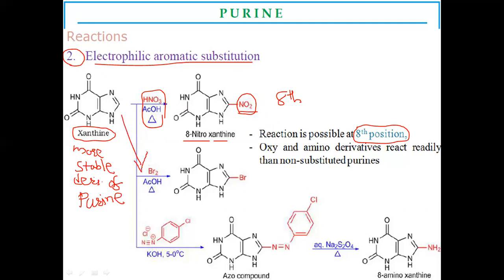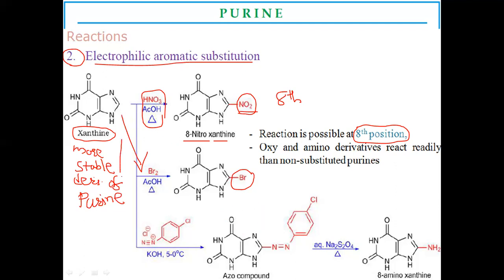Halogenation in the presence of acetic acid similarly gives an 8-halo substituted product; that is, 8-bromoxanthine was formed. Next, formation of azo compounds.